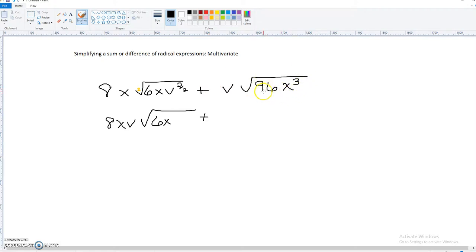Now this number, it can be simplified. So let's start with 48. We can either do it the long way, or we can figure out a perfect square to do it. So if you don't know the perfect square, you would obviously have to do it the long way.